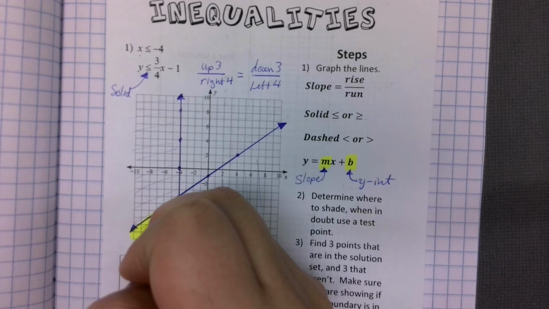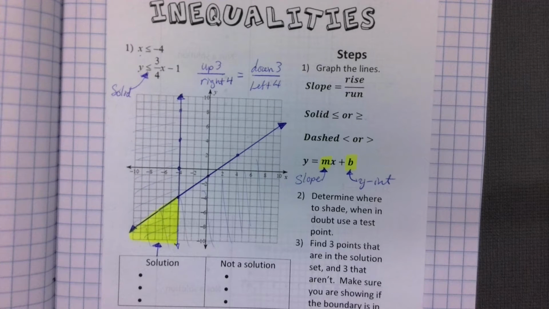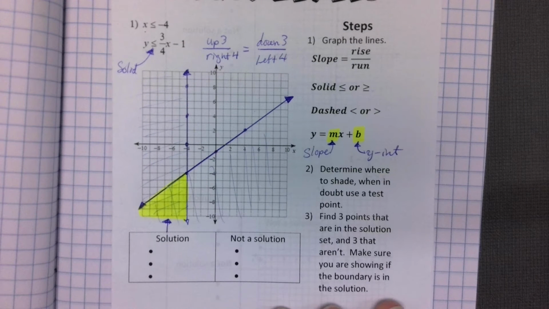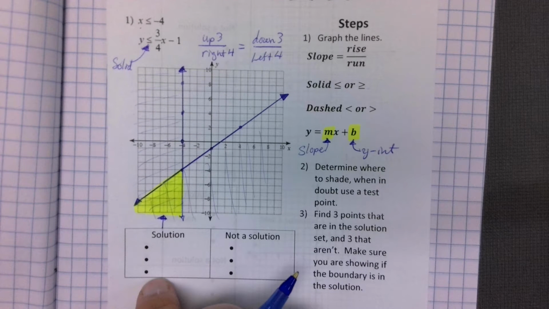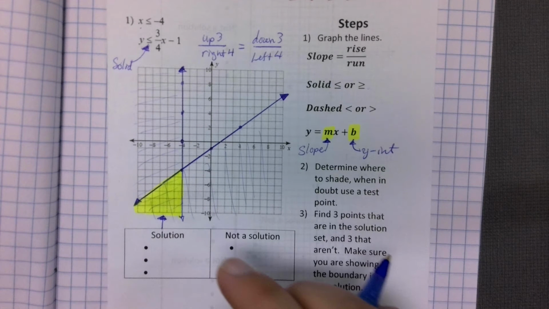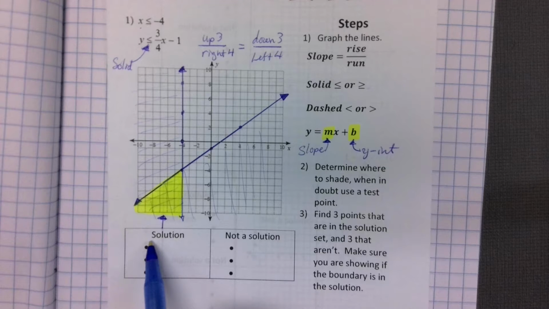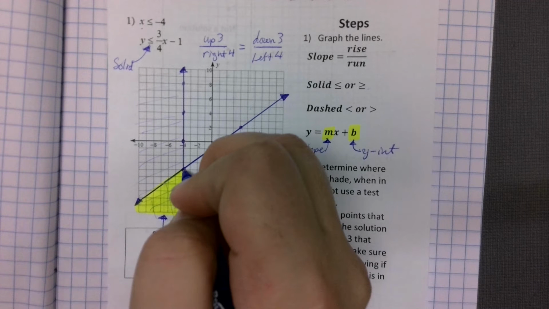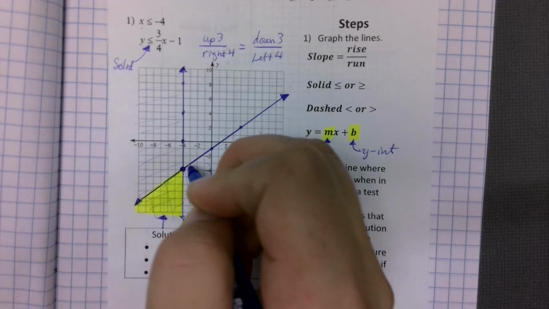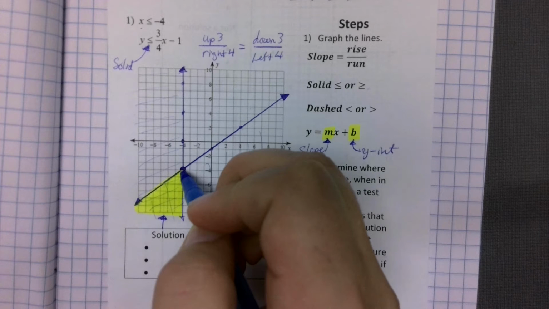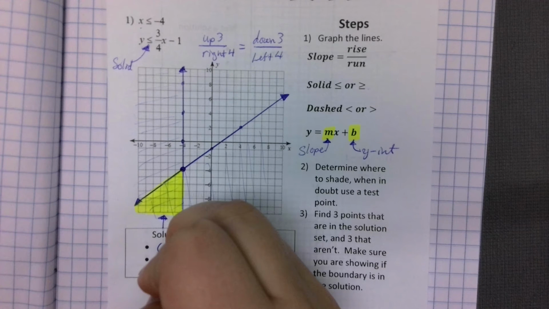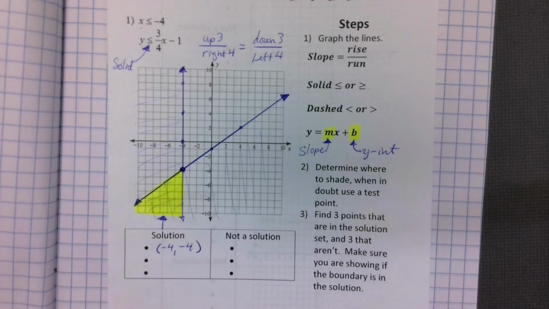Now I have it in the directions on your assignment today, but most of you won't read them, so I'm going to tell you out loud right now. I want to know 3 points that are in the solution. I'm going to pick at least one that's on the line if I can. So this is -4, -4. I'm going to put an A by it.